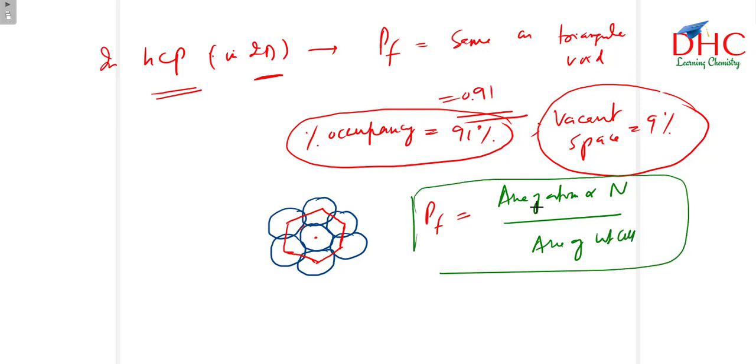This is the formula. Now area of atom कितना होता है? pi r square. अब देखना है हमें length of edge we take as a, तो obviously a will be equal to 2 times r, because यहाँ और यहाँ जो है ये r है, ये भी r है, मतलब 2 times r will be equal to length of edge, that's a. Now a is equal to 2 times r. Now number of particles किसके बराबर होता है? अब area of unit cell किसके बराबर होता है? अब इस यूनिट सेल का एरिया कैसे निकालेंगे आप?